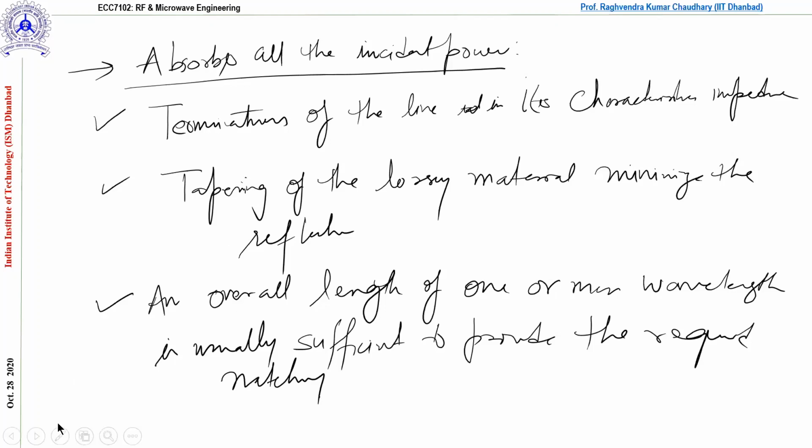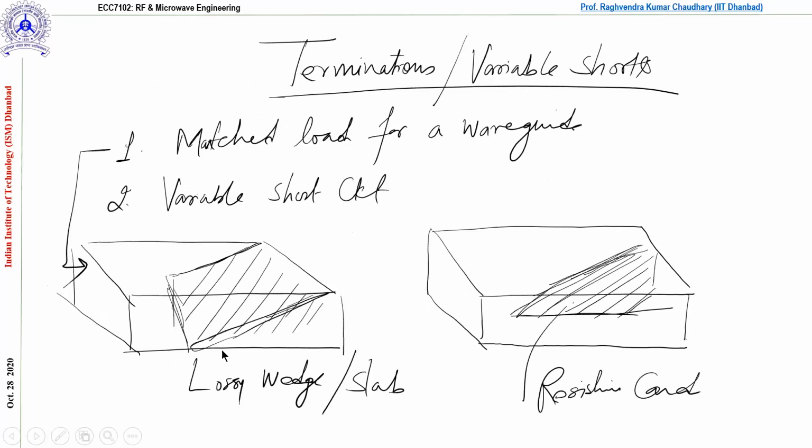Okay, so this is all the things I have written with these figures. Here the first thing is the lossy slab. Okay, and if you see here, there is a slope. The slope is the reason, because there is a gradual change in impedance, and hence we are matching the circuit. Whereas in this case, we have a resistive card.